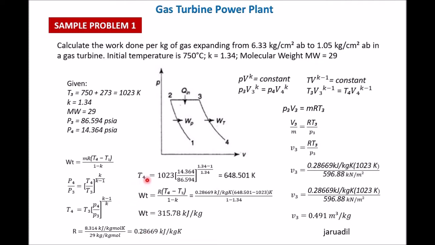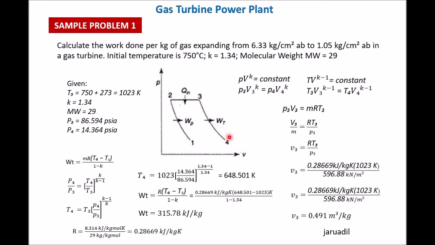And solving for T4 using this equation, we have substituted the value of T3, 1023, the value of P4, 14.364, and also the value of P3 here, raised to 1.34 minus 1 over 1.34. We have here T4 is 648.501. Now, always be aware of this one. So, this is the point 3 and this point 4.